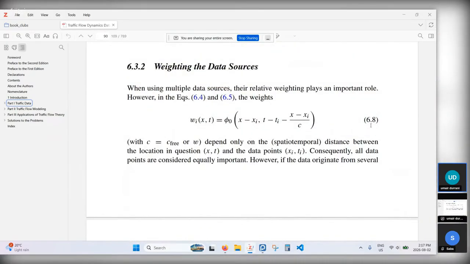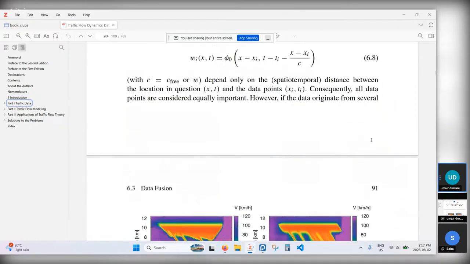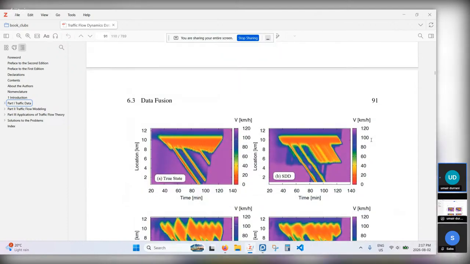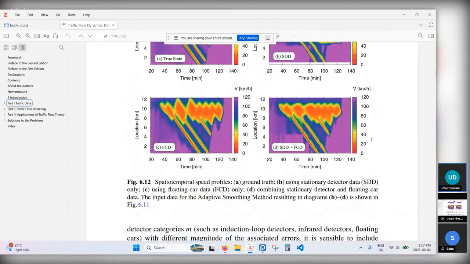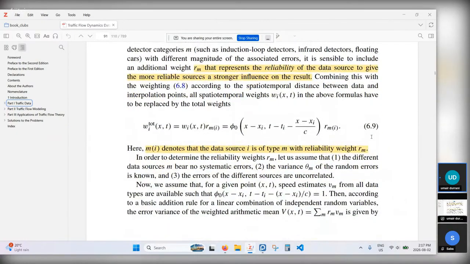And so when we have multiple data sources and we want to estimate the speeds, we want to do the adaptive smoothing, we can then weigh different data sources. So here's the equation that is again using the similar equation as in the adaptive smoothing, but now we are also weighting different sources because one source of the data may be more accurate than the other. It may have more precision than the other. And so based on that, we want to provide weightage.